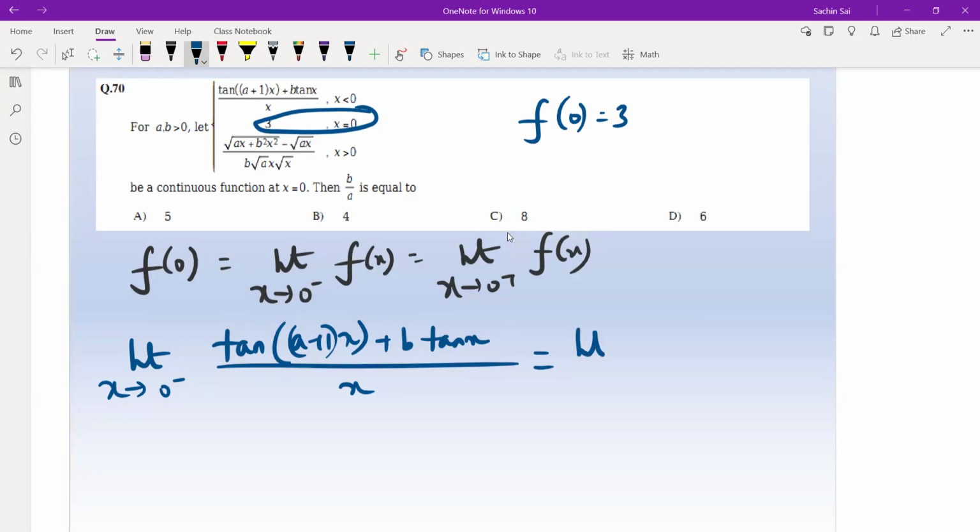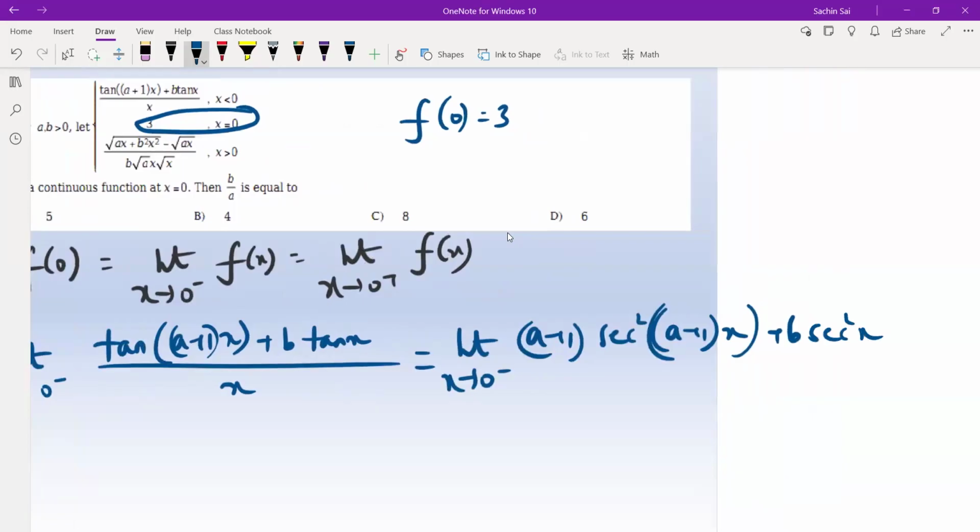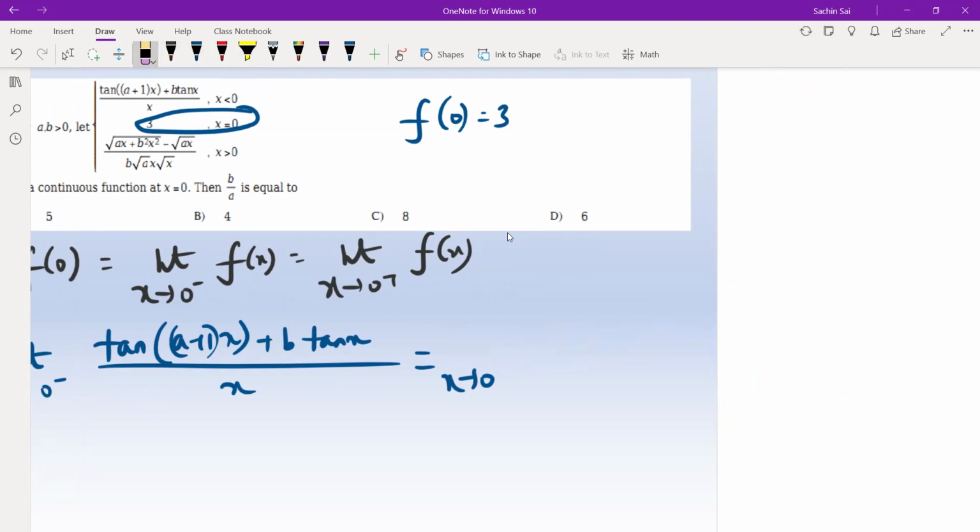If you differentiate numerator and denominator separately, you get (a plus 1) secant square of (a plus 1) x plus b secant square x. Oh, or you don't even need L'Hopital's rule. These are standard limits. I can split this into two parts.